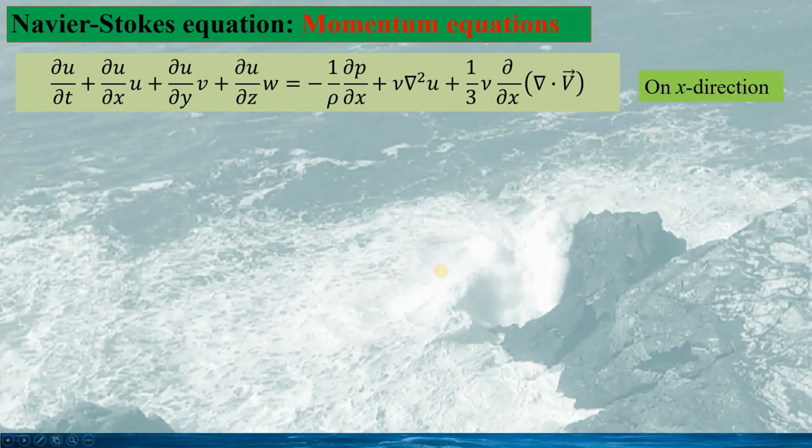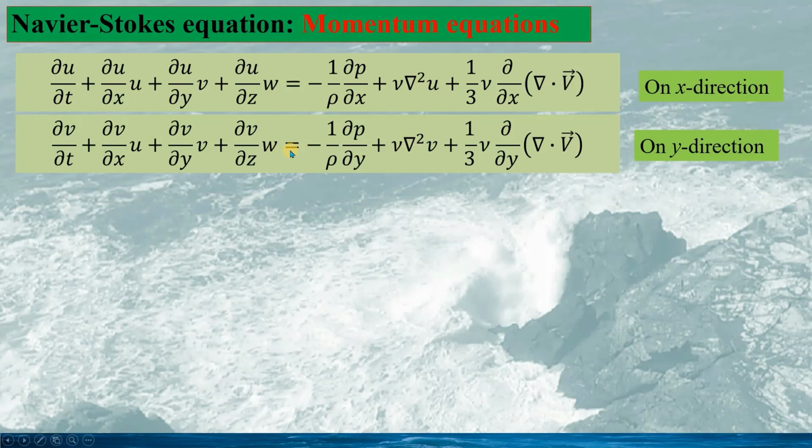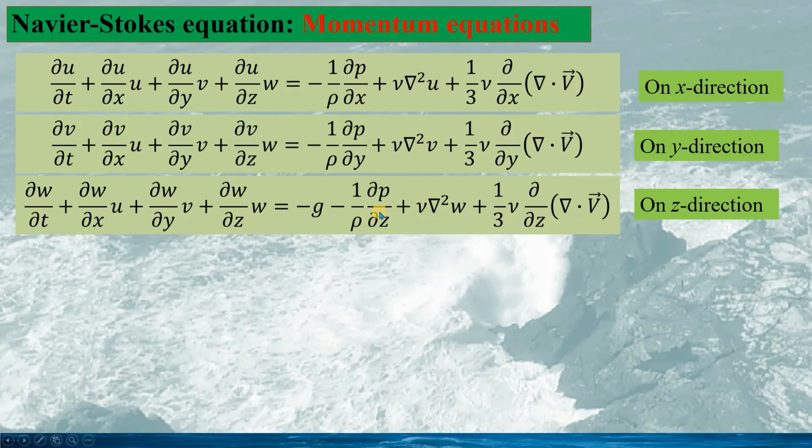Now in this slide, we put these momentum equations together. So on x direction, the momentum equation is given as this, and this is the momentum equation on y direction, and this is the momentum equation on z direction.